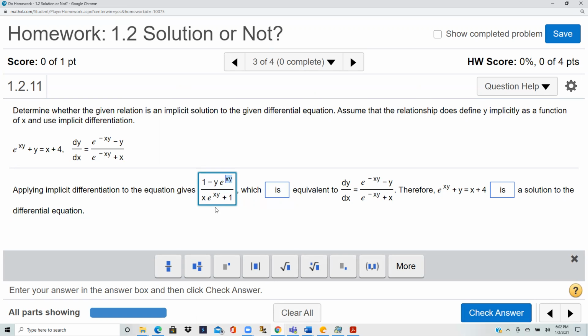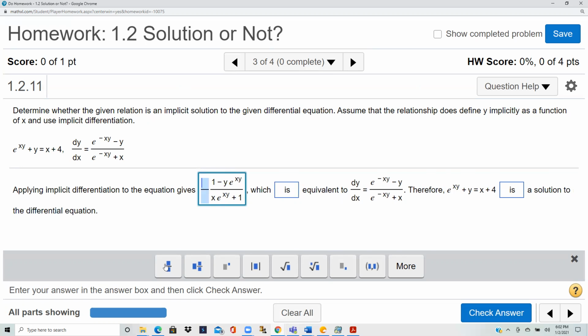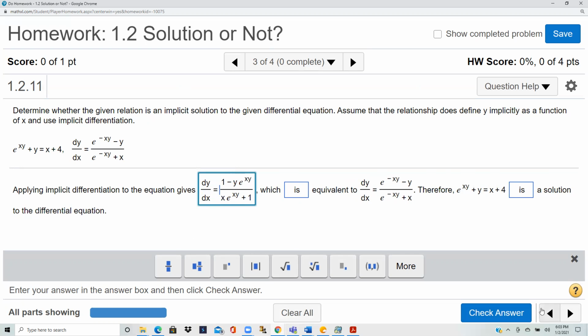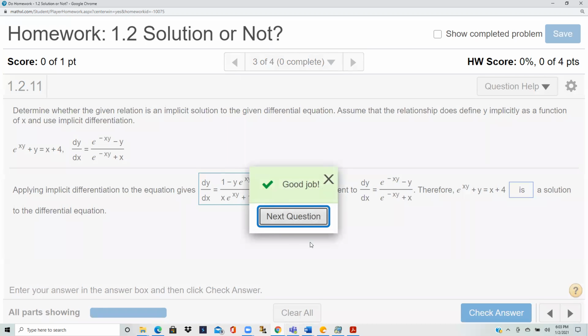Yeah, I think so. So this was y prime or dy by dx. So now it should work.